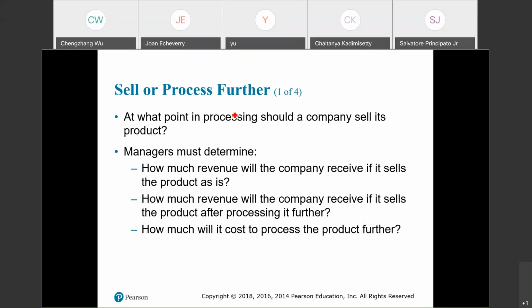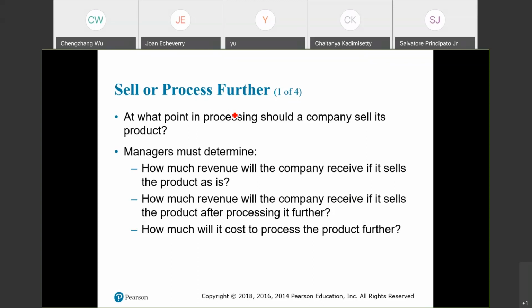The companies in these industries process a raw material to a point where it is resellable. For example, a dairy processor pasteurizes the raw milk before it is saleable.